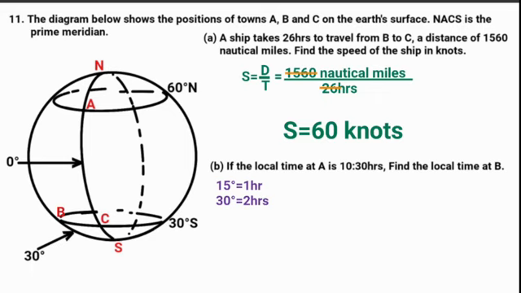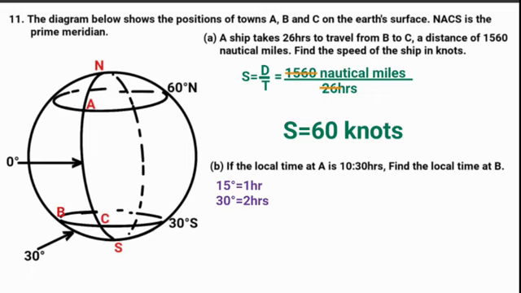Now we know that if two towns are apart by 30 degrees, their time difference is 2 hours. Therefore, we are going to subtract 2 hours from 10:30 hours. Why? Because town B is on the left side of town A. If town B was on the right side, we would have added 2 hours to the time of town A. Now, since it's on the left side, we subtract.